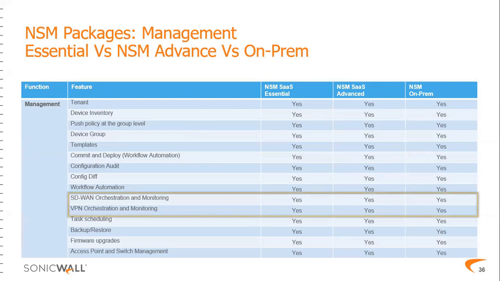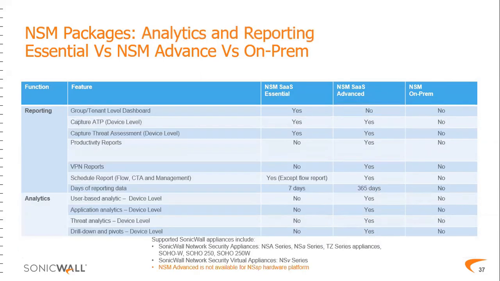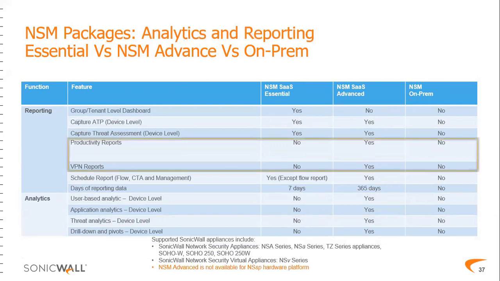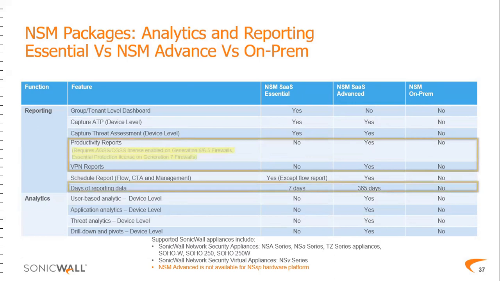For the management, there is no other difference because all three types have the same function for the management. But for the reporting and the analytics, they have differences. For the NSM Advanced, they provide the productivity report, but you require the AGSS or the CGSS license on generation 6.5 or 6 firewalls.